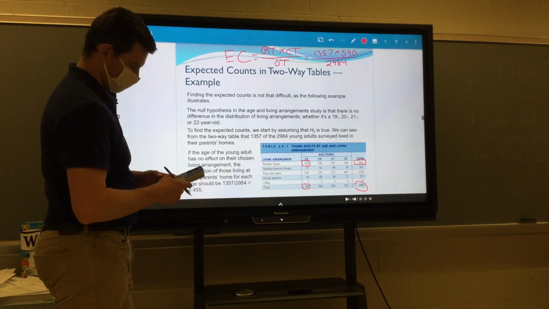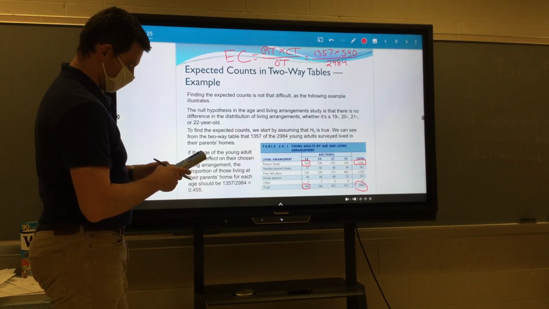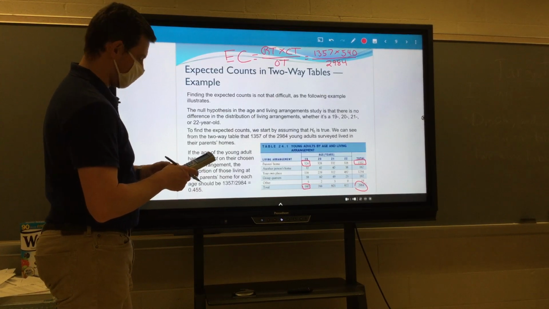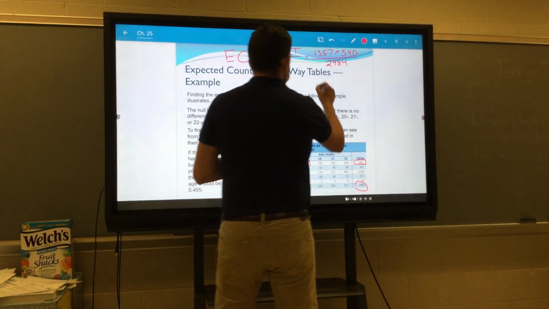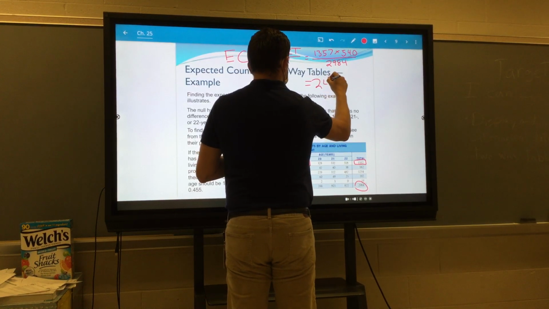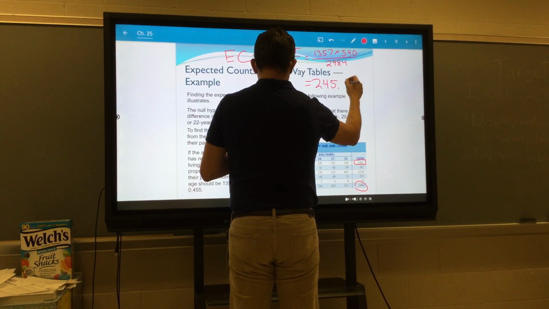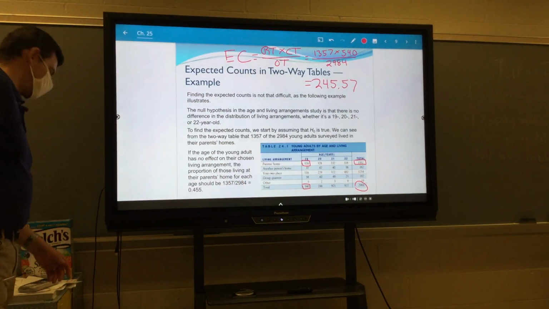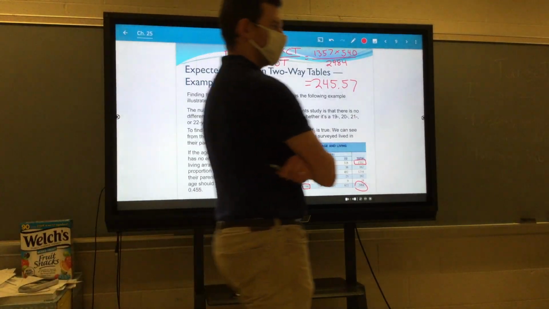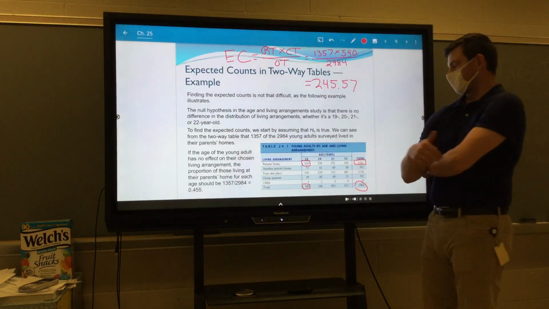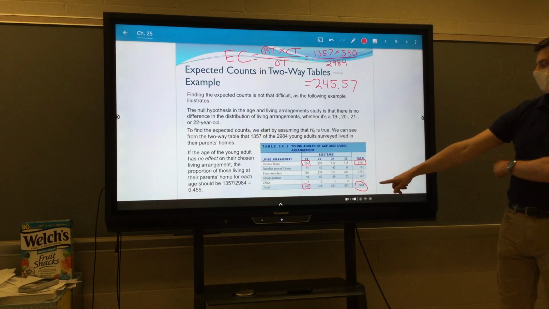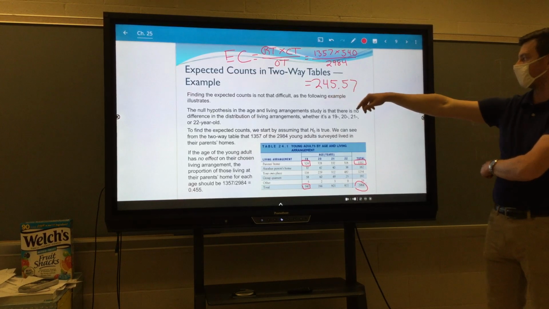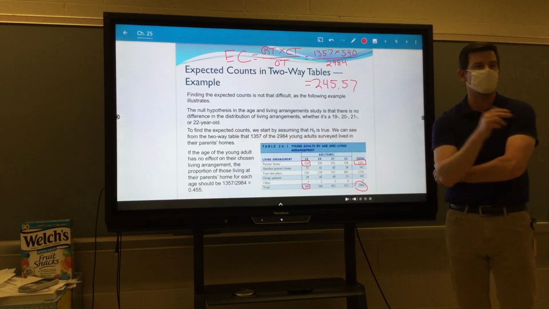All right, let's do this. 1357 times 540 divided by 2984. If there's really no relationship between living arrangement and age, across this sample of almost 3,000 people, we would have expected about 245, 246 19-year-olds to live with their parents.